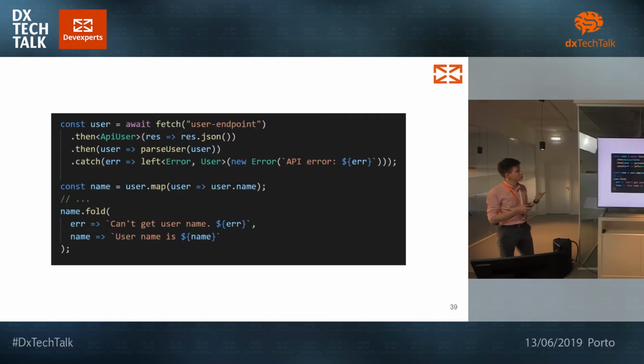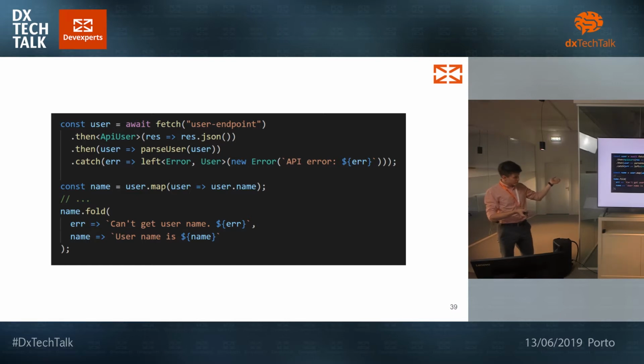So let's take a look how we use it in our usual request process on front end. When we are fetching our user, we just convert it to plain JavaScript object, and then we call our parse user function, and this parse user gives us instance of either type. And also, in the same way, we can catch API errors and all kind of errors that can happen during the request.